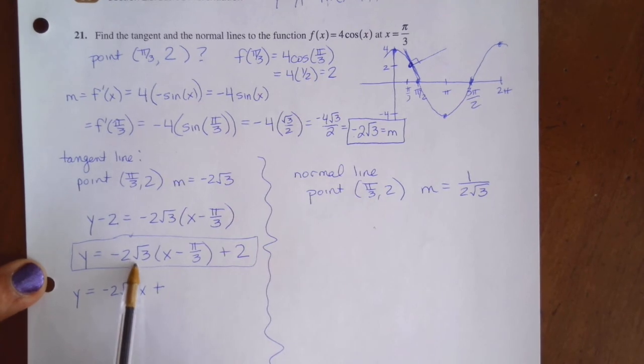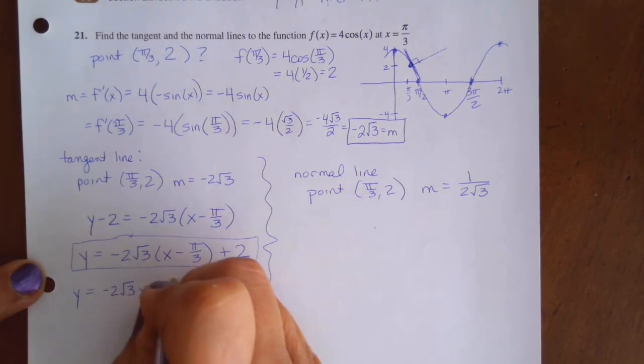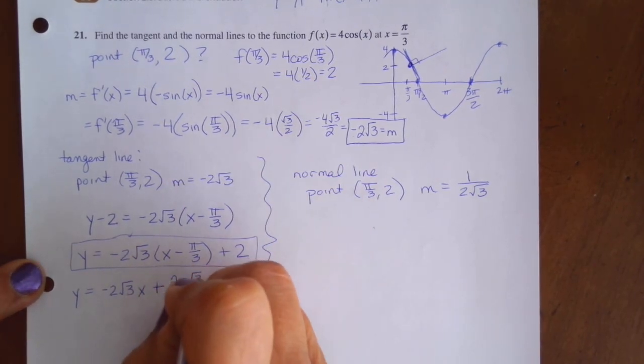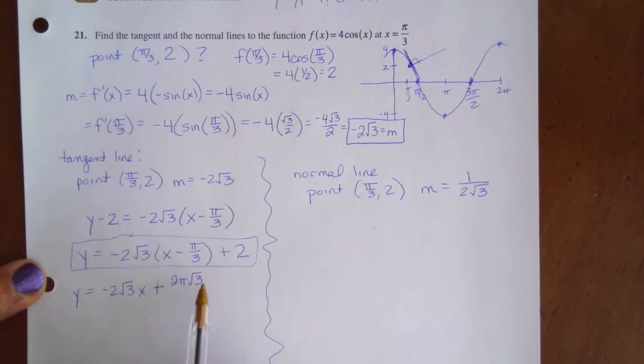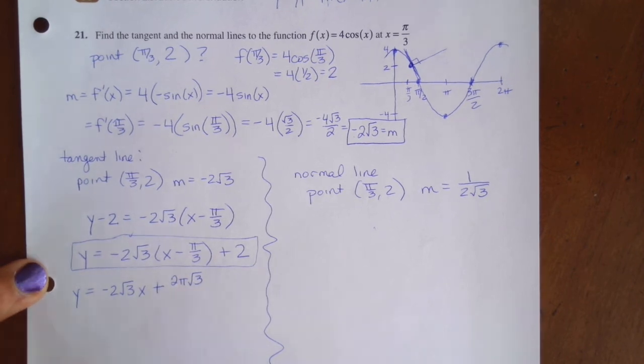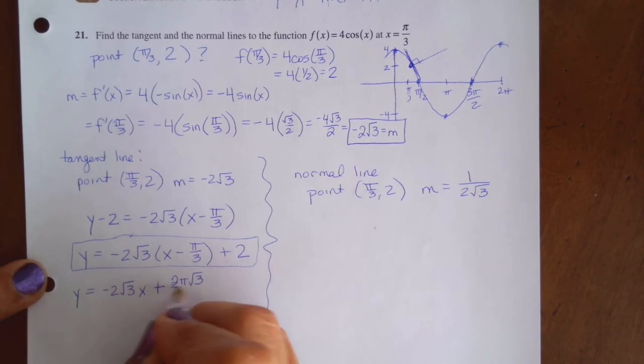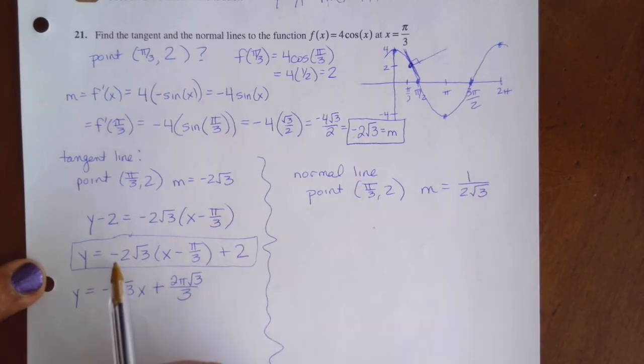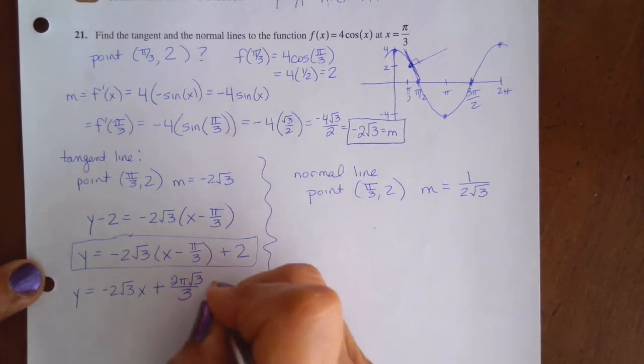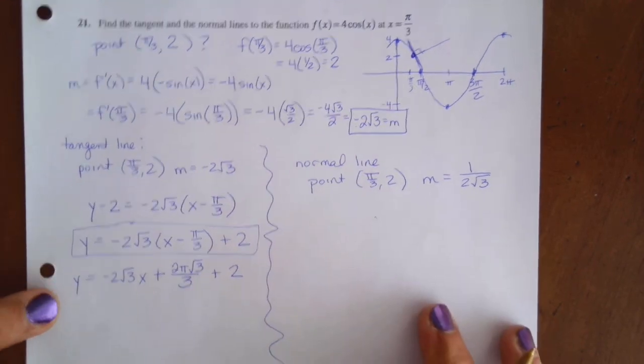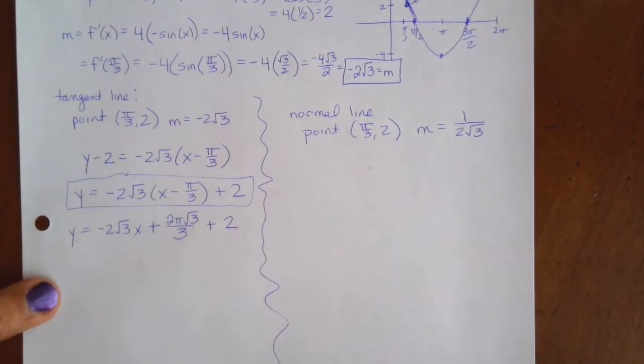This is in the numerator, so this would be 2 pi square root of 3. I always put the radical at the end, because if I put pi over here, sometimes it looks like it's under the radical, and it is not. But you could write 2 square root of 3 pi, over 3. And then negative, oh, and then I'm not multiplying, that's not part of it, so there. So that's what it would look like multiplied out.